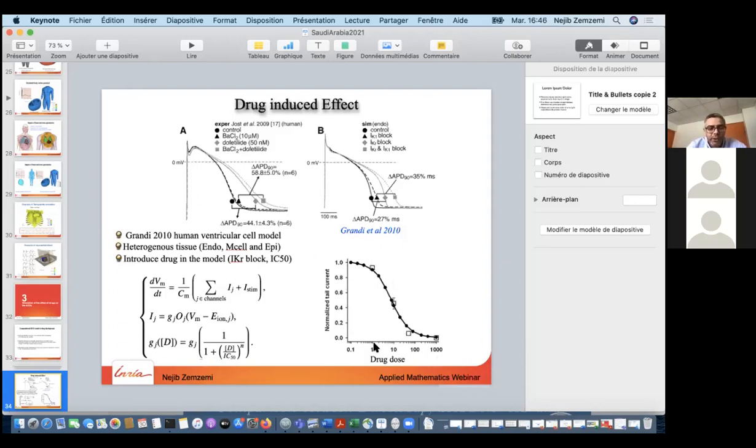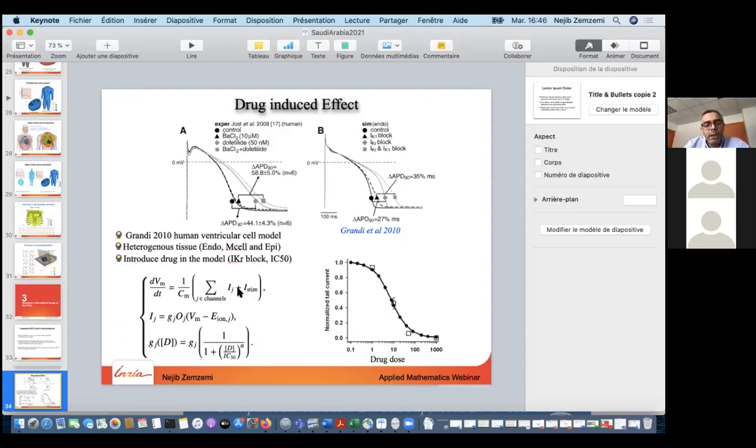If we take this function only, it has this profile. It's a Hill equation. It has a value of 1 when the drug dose is equal to 0, and it goes to 0 when the drug dose is very high. And when the drug dose is equal to what we call the IC50 value, which is the value of the drug dose that half blocks the current, the ion channel current is divided by 2.